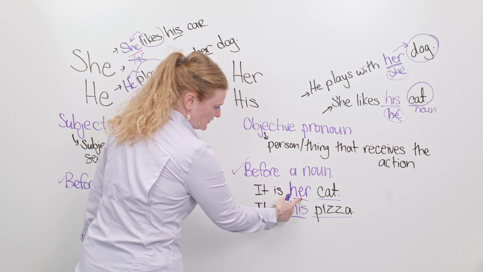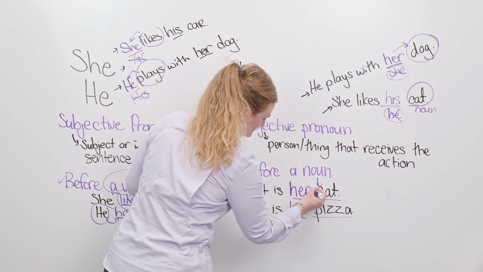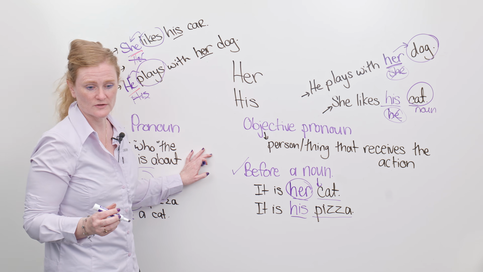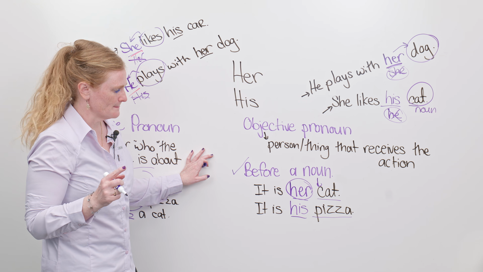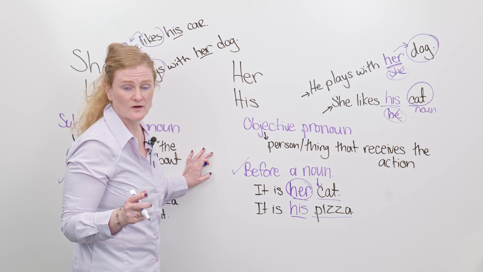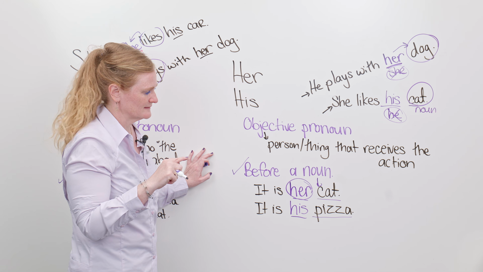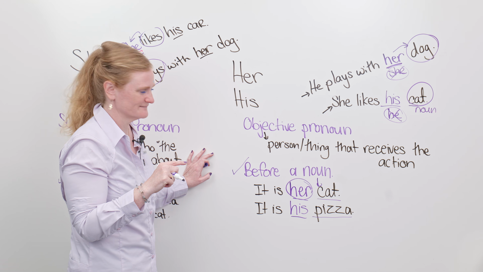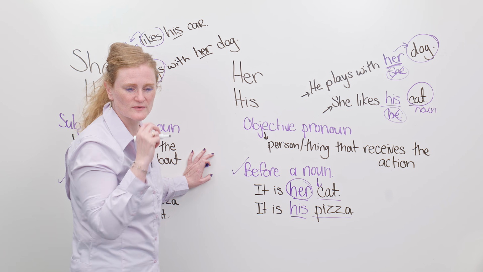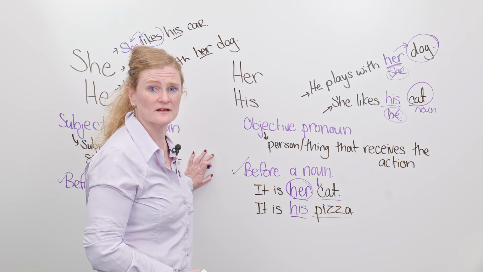"It is her cat." Because cat is a noun, we're going to use her. If you say "it is she cat," that's wrong because remember, she must come before a verb. Cat's not a verb, as far as I know. Not yet. We can make it a verb. Stop catting around. I'm going to cat today.